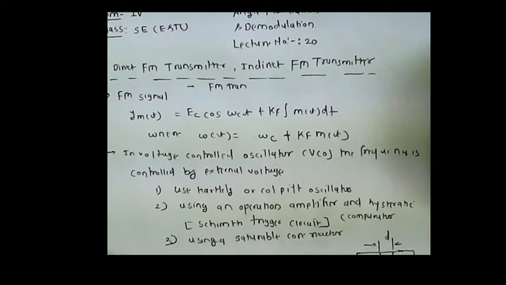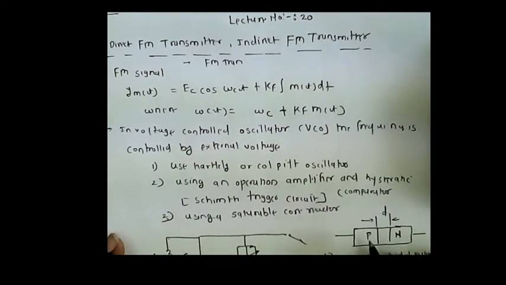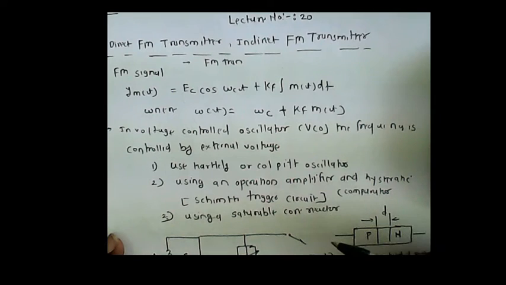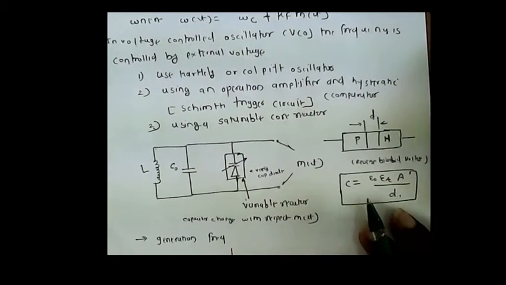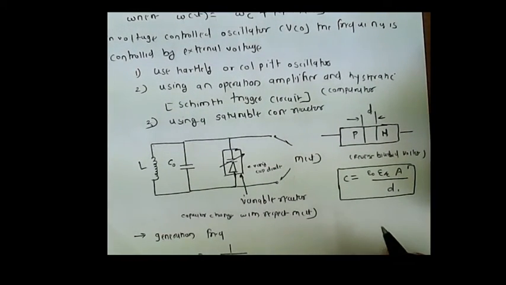The frequency generation can use Hartley and Colpitts oscillators, operational amplifiers or hysteretic comparators such as a Schmitt trigger circuit, or saturable core reactors. Here we consider an example of a variable reactor.